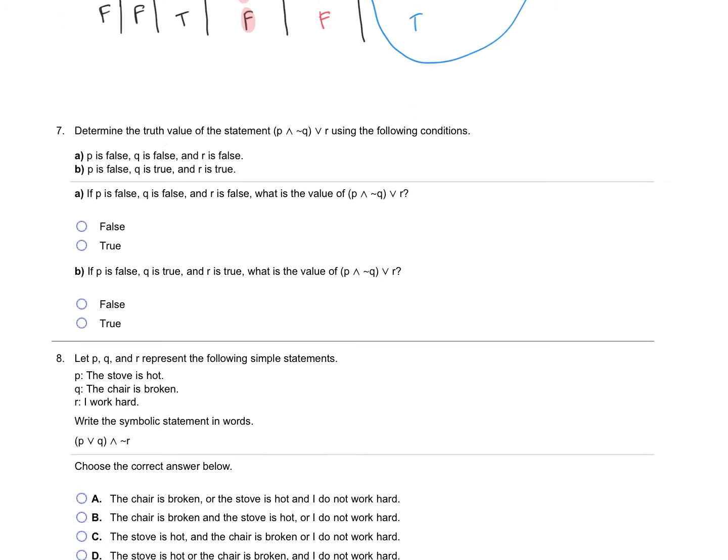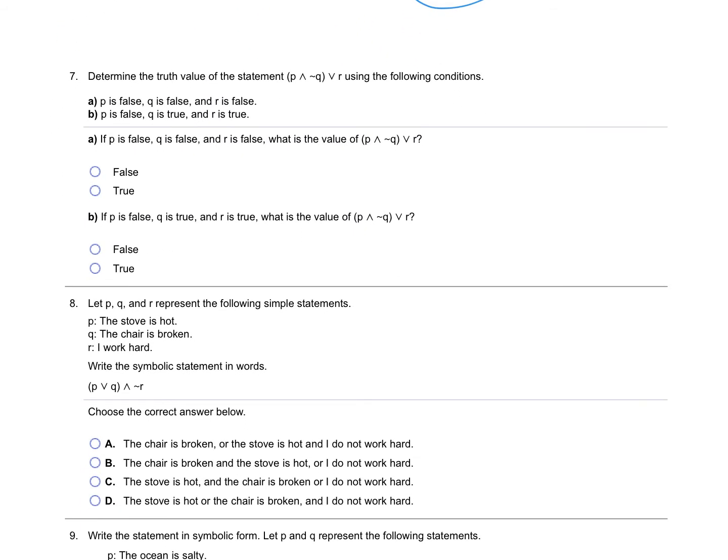All right, number 7. Determine the truth value of the statement P and not Q or R using the following conditions. All right, so we have 2 different parts. So let's just look at part A first. I'm going to write the truth value above each piece. So it says P is false, Q is false. Well, here I have not Q. So if Q is false, then not Q will be true.